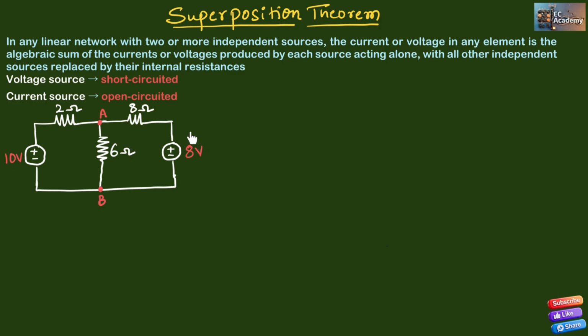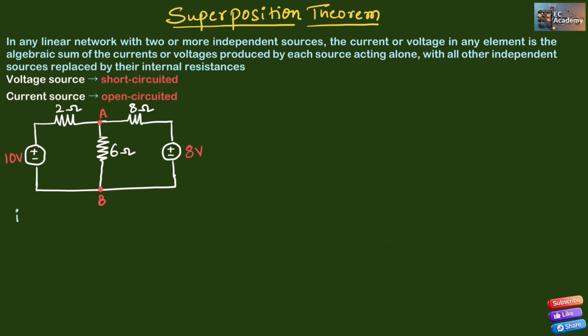Then we'll short circuit the 8 volt source, consider 10 volt, and find the current through the 6 ohm resistance, that is I2. If we take the algebraic sum of I1 and I2, we should get the total current flowing through the 6 ohm resistance. Later, we'll verify the superposition theorem by applying KVL to this circuit.